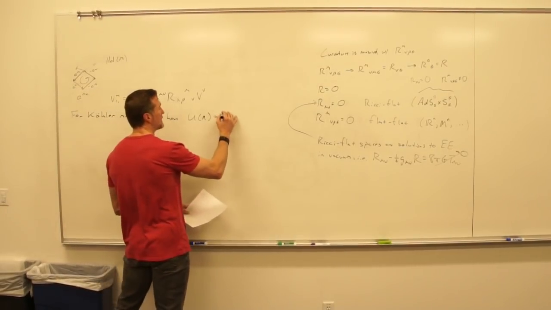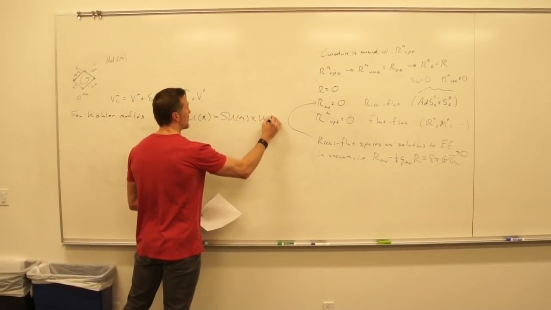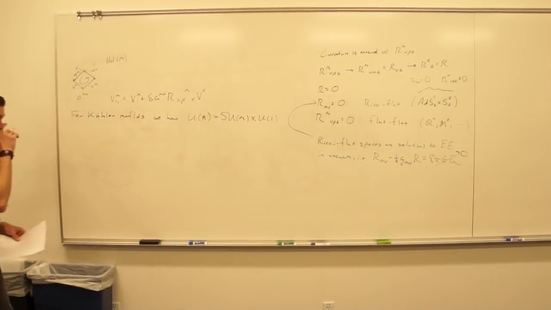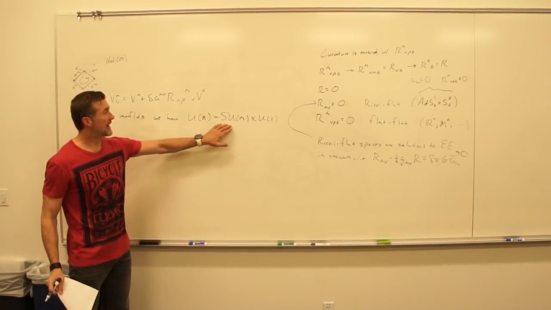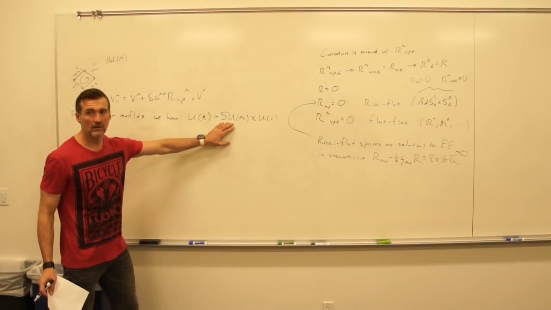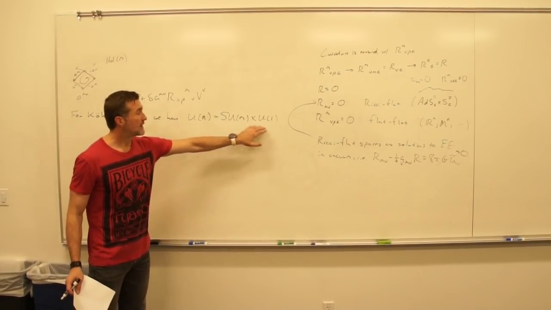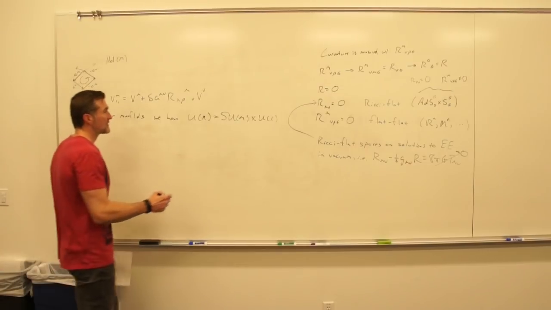Around the identity, this breaks up into SU(N) cross U(1), okay, where the S means that you're actually looking at the situations where the determinant is +1. Okay? And then U(1) is literally just the group associated with rotation around the circle.